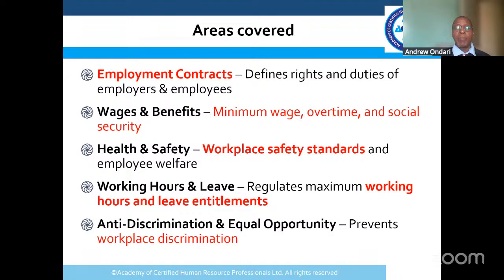Number 2, we ensure the workplace is clean and safe. Number 3, we ensure the workplace is well ventilated, that there should be enough air circulating in the workstations of employees. 4, that there is enough space for employees to operate.